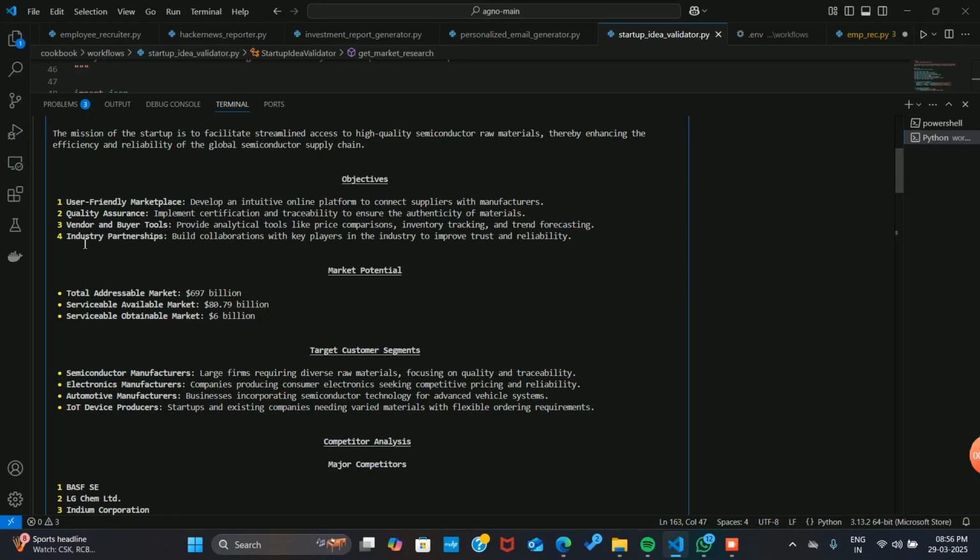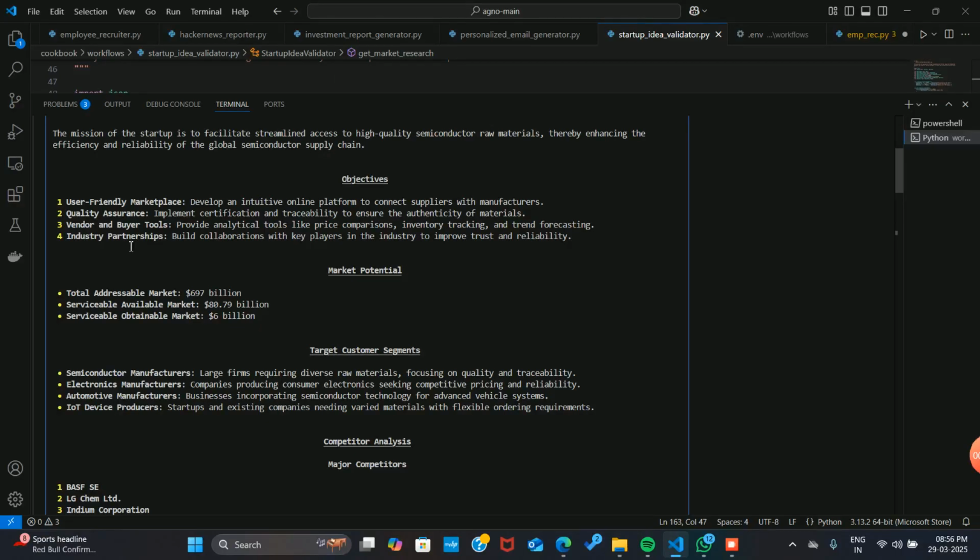Now coming to the third one, which is vendor and buyer tools. There has to be some functionality, like providing analytical tools such as price comparison, inventory tracking, and trend forecasting. Something of that sort will help people decide, be it vendor or buyer.